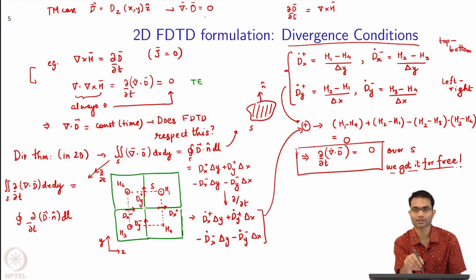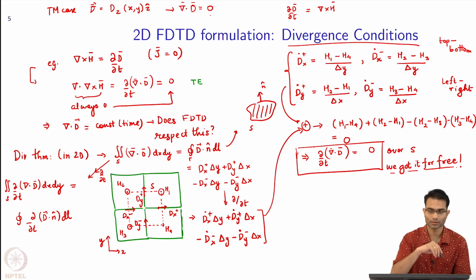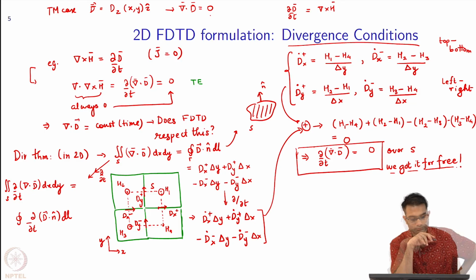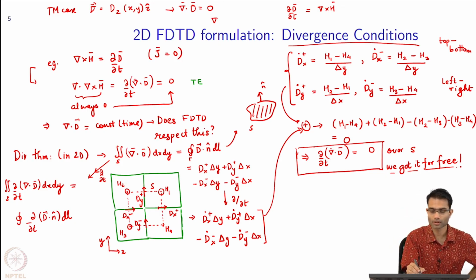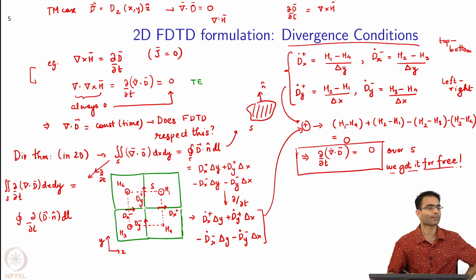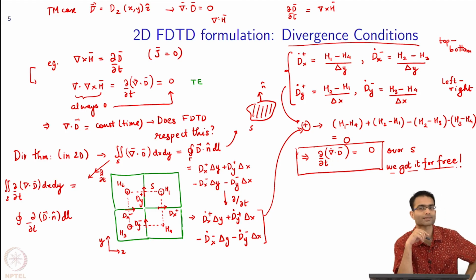So, this is the easier thing to do, but in TE you have to take this loop and direction over here. Here, curl of which quantity? Which is what we did, no? Curl of H, well, we use curl. Yes, the other divergence equation, which is what? Del dot H, right? That will automatically be satisfied here by the same logic, because Hz is a function of xy. So, del dot H is going to be 0.